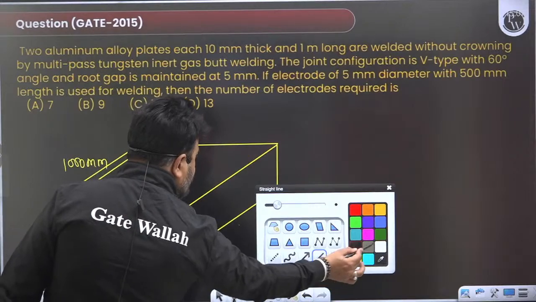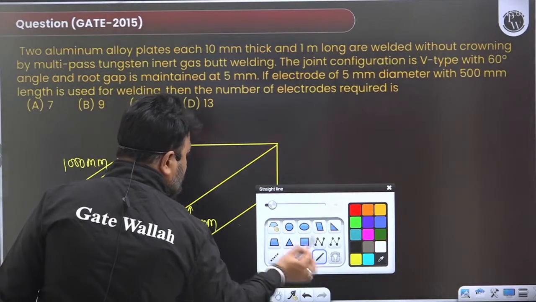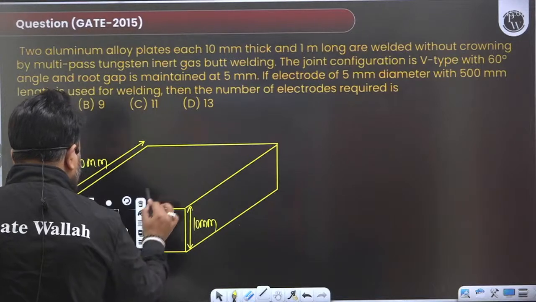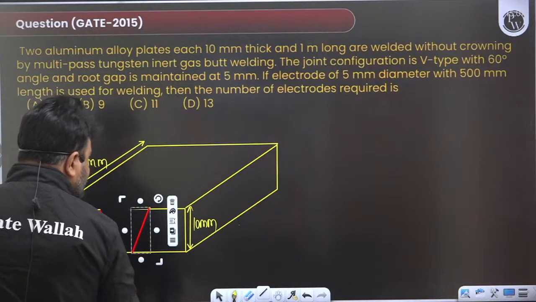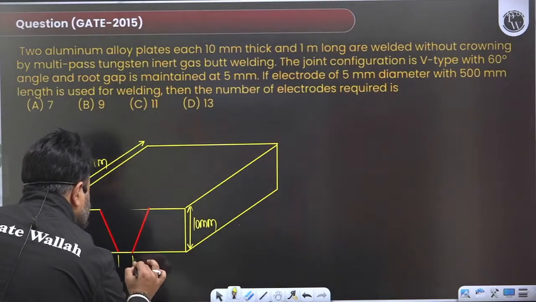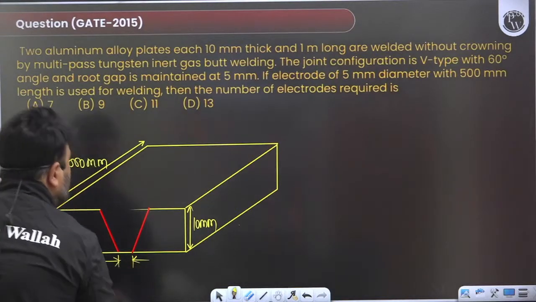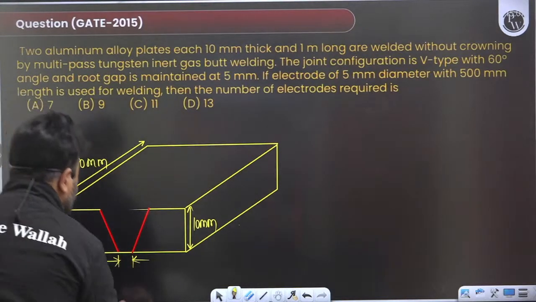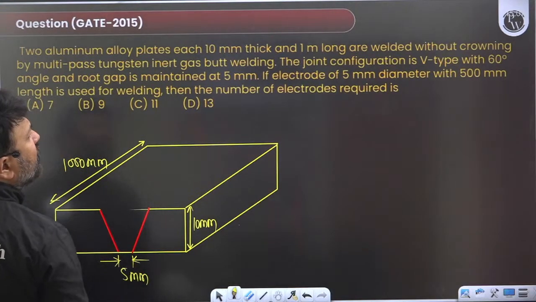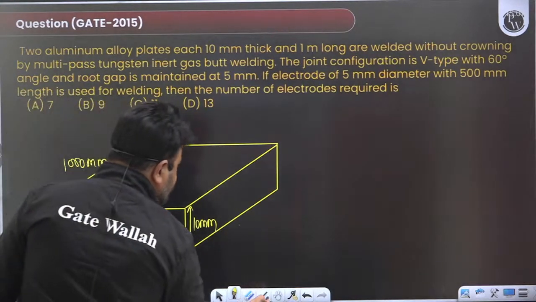Here the root gap is given, there is no root height. So if no root height, we can neglect this. The root gap is maintained at 5 mm. The included angle is 60 degree.